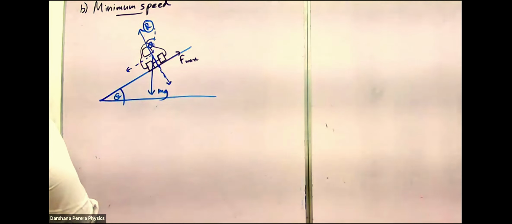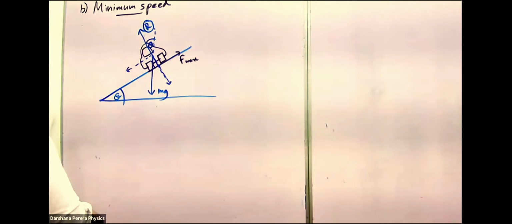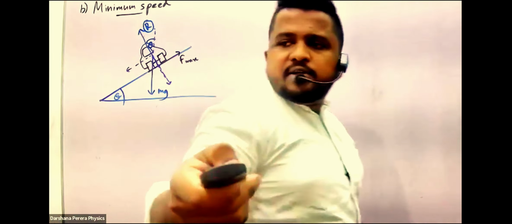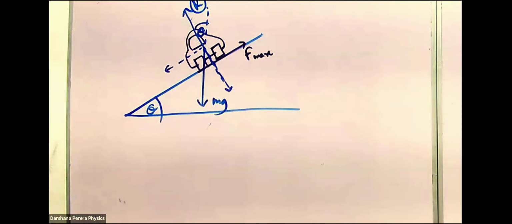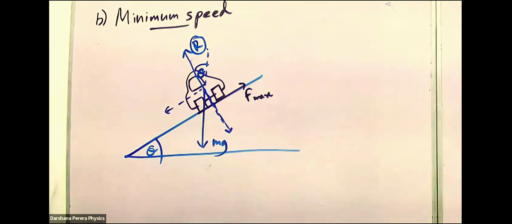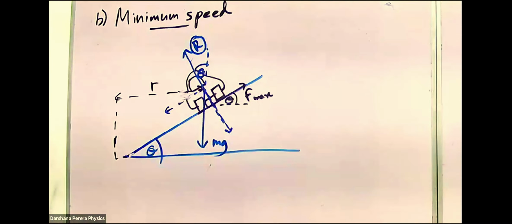Okay, we have to consider these forces. Write down, first of all, mark all the forces, apply F equals ma to the center direction, and apply force equilibrium to give the answer.